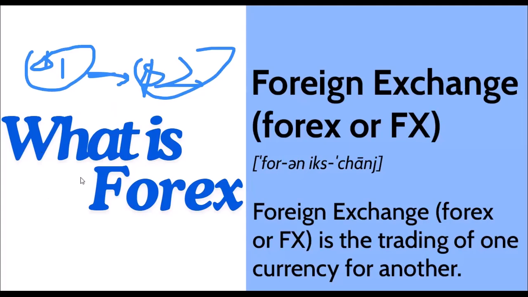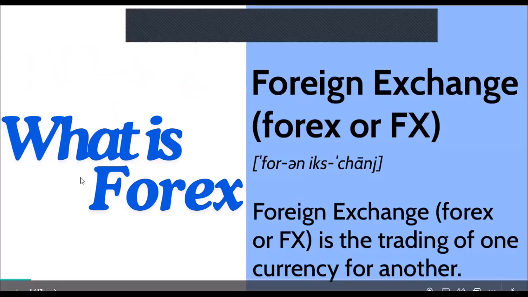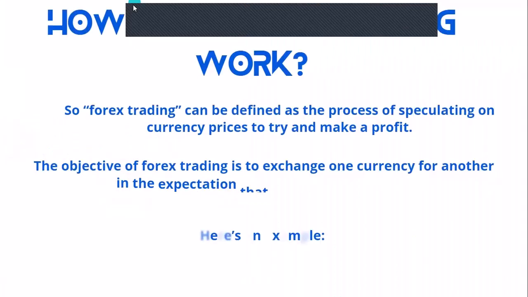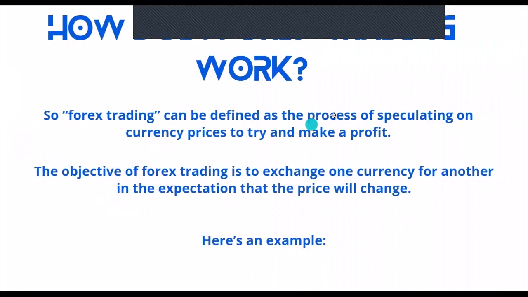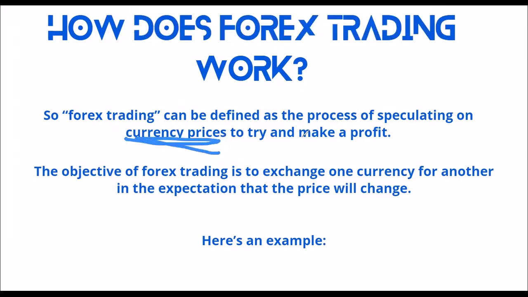So with that being said, let's go right into it. How does Forex trading work? Forex trading can be defined as the process of speculating on currency prices to make a profit. So you are speculating that one currency will go up from its starting point.